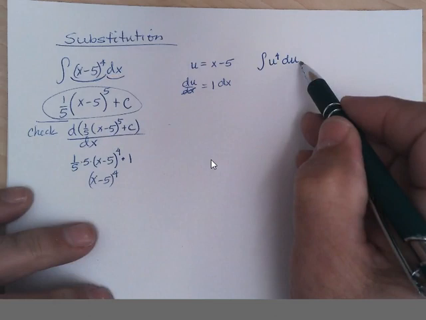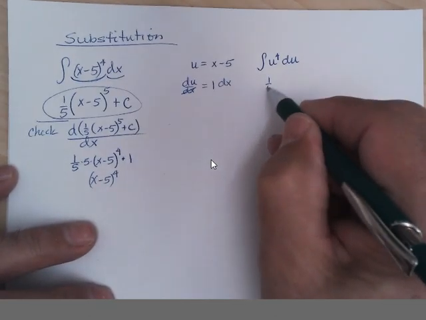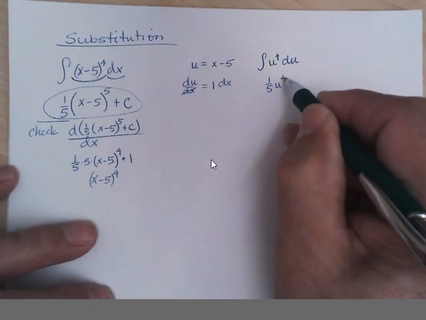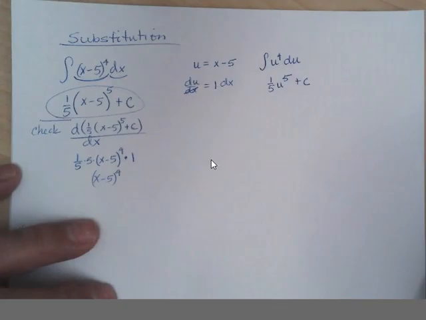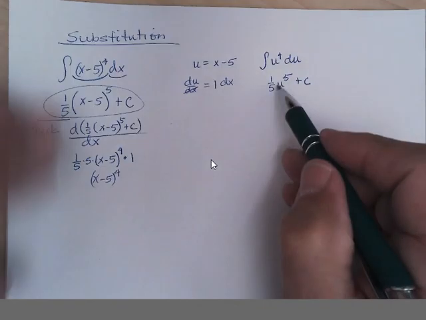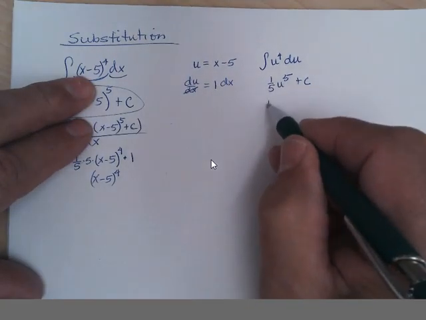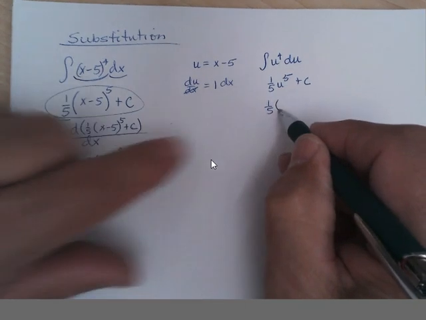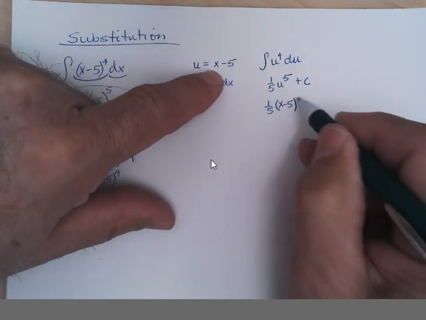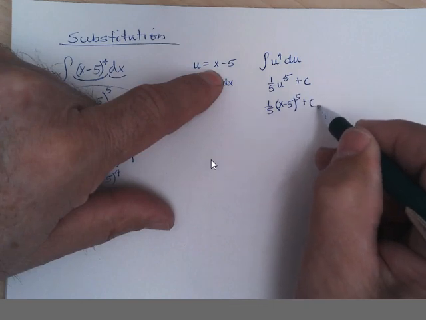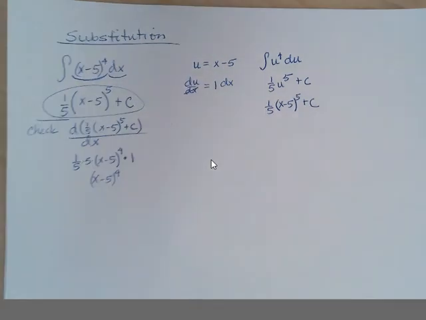And to integrate that, we know the antiderivative is just 1/5 u to the fifth plus c. But I made up the u, so I need to take it back to x's. And what did I make u be? So it'd be 1/5 x minus 5 to the fifth plus c. So I got the same answer. Okay?